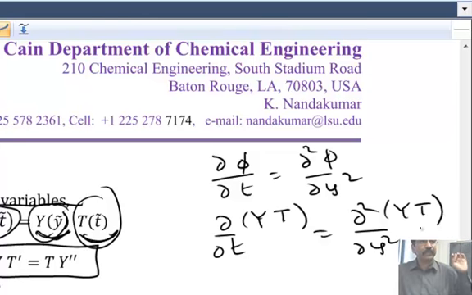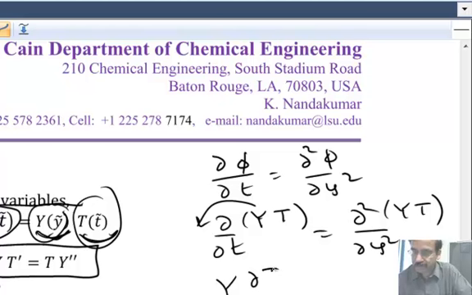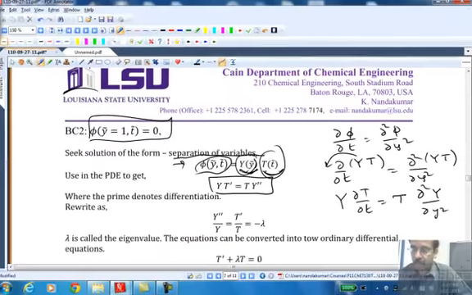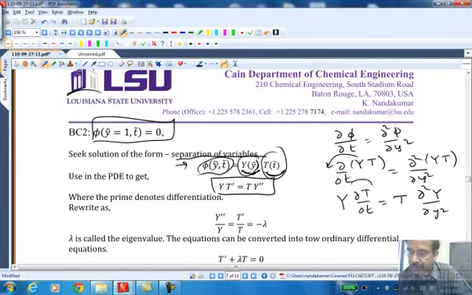Okay. So on the left hand side, when I'm taking the partial derivative, you will notice that y is not a function of time. So I can take this out, right, because I have separated them. So it's going to be simply y times dt dt. On the right hand side, similarly, t is not a function of y, so I can take the t out and write it as d square y dy square. And this is a function only of time, so I don't have to write it as a partial derivative. I can write it as a total derivative.